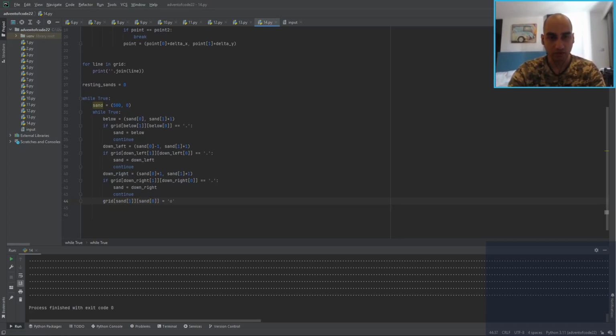I could just change it to rock, but we'll put that just so it's clear. And we increase the number of resting sands. And then we break out of this loop.